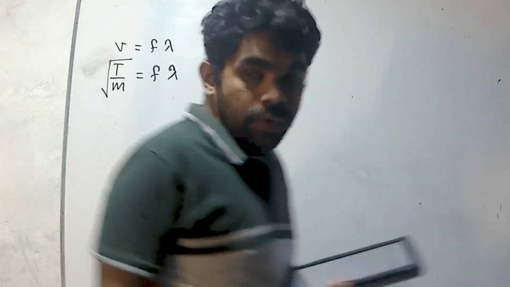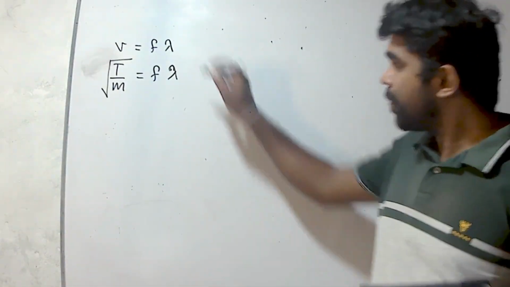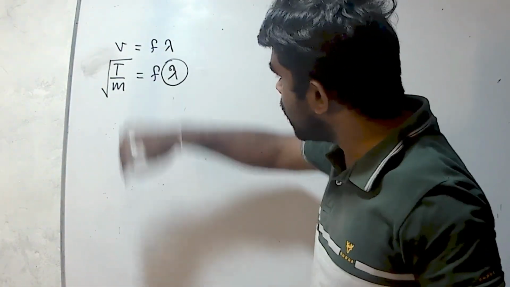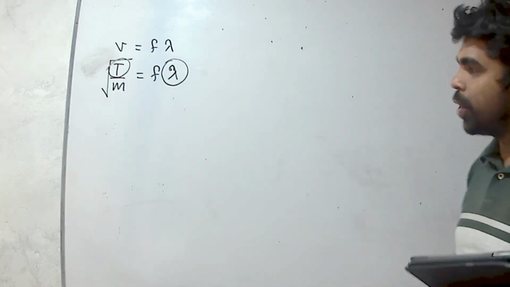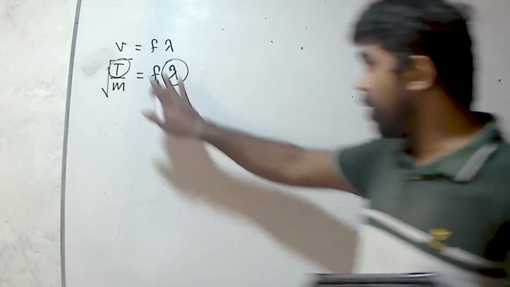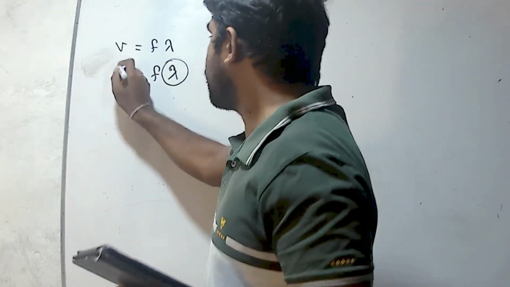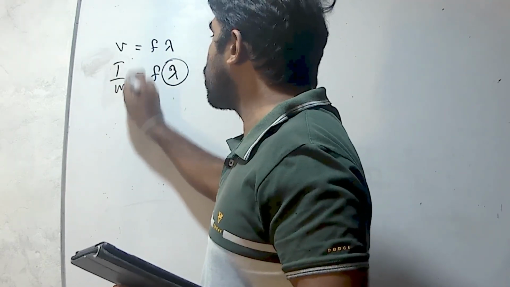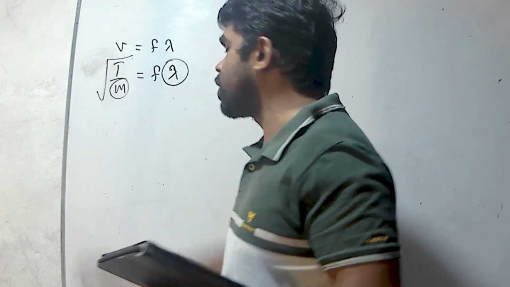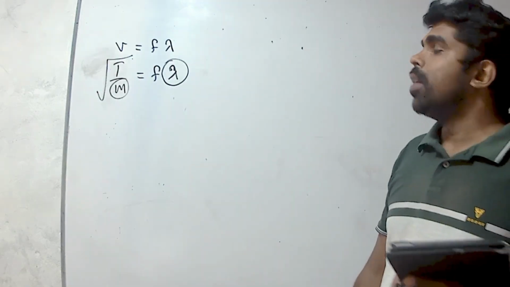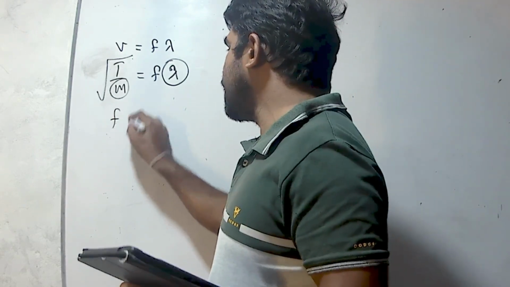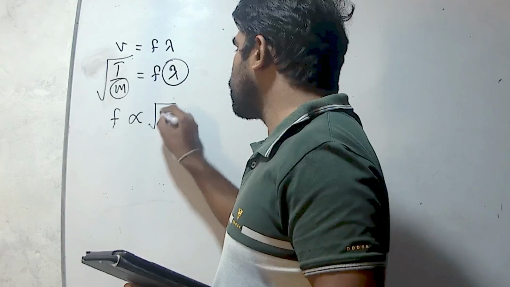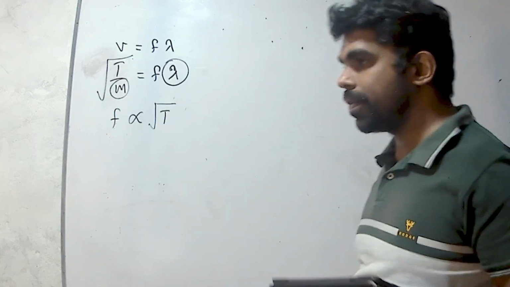Now, for both situations, lambda is constant and mu is constant. Tension is not constant. Then we can get frequency directly proportional to the square root of tension.